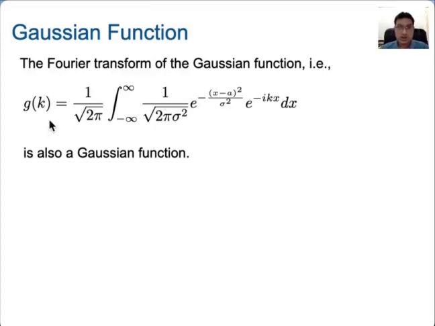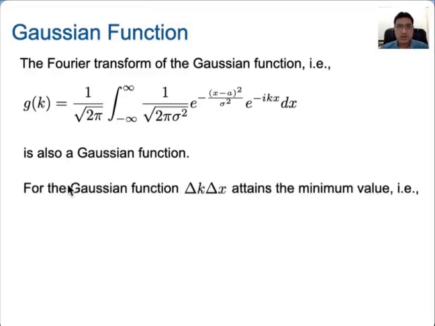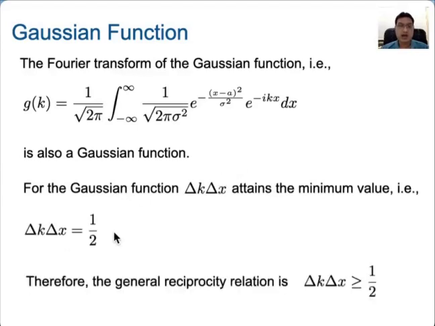Okay. So here is the Fourier transform of this Gaussian function. Now let's estimate what are delta k and delta x. Okay, and then we will demonstrate that the product of these two variables attains the minimum value. So the Gaussian function is the only function which gives the minimum value of this quantity. Okay, so delta k times delta x comes out to be half.